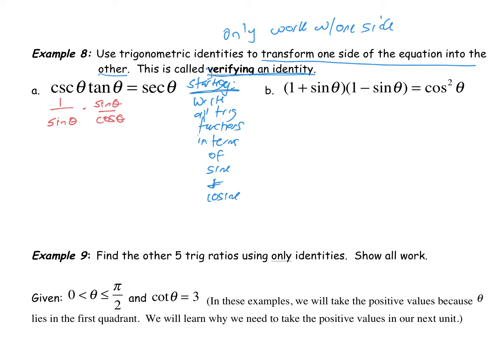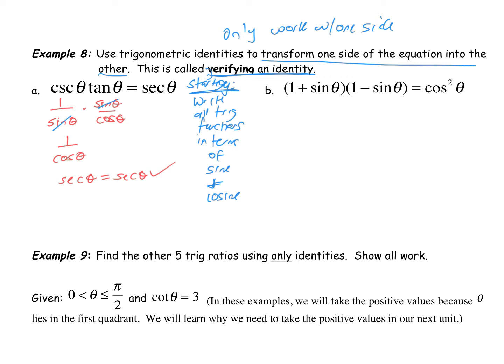Once we make those substitutions, we can use simplification with algebra, and we can cancel out the sine theta in the numerator of the second fraction with the sine theta in the denominator of the first fraction. That leaves us with 1 over cosine theta. And then by the reciprocal identity, 1 over cosine theta is secant theta. And then we'll put a check mark at the end because we have verified it.